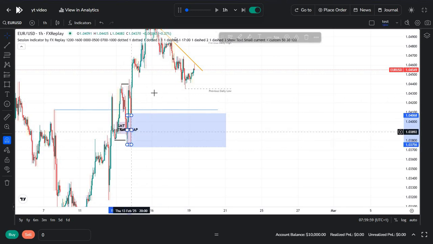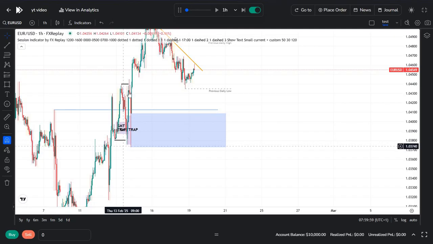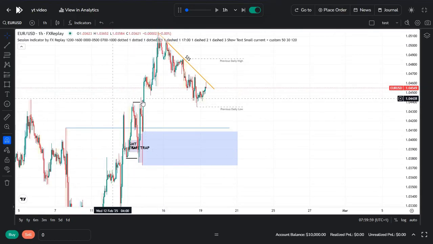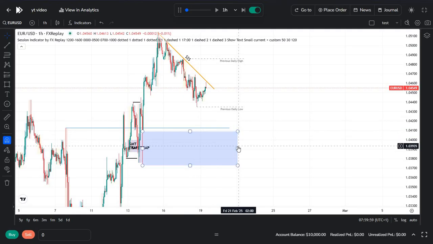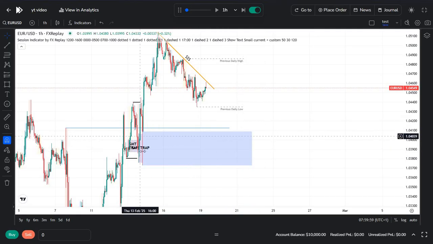So, in a sense, the low that took liquidity also got taken out. And then you got the correct breaker structure, which was with some confidence candles to the upside. And now you have your order block right here, taking just the wick. You can take it, you can refine it just to the wick. It's still enormous.